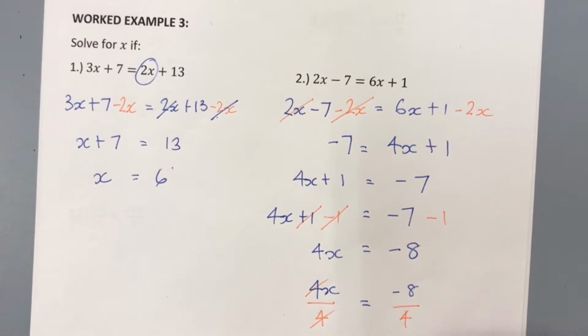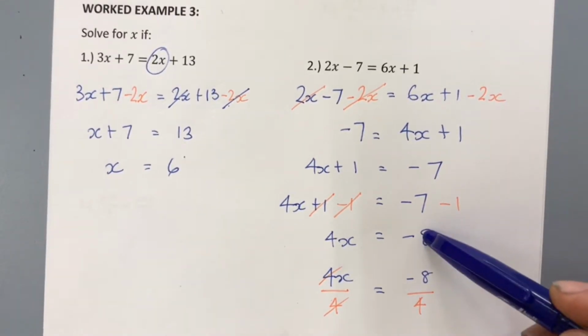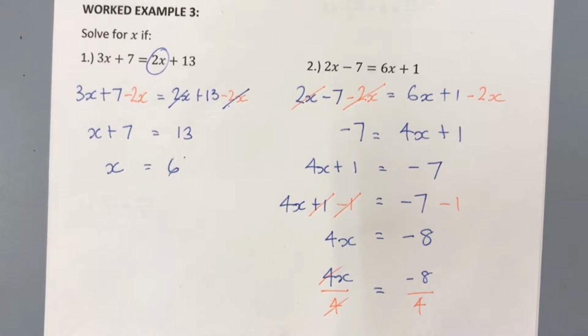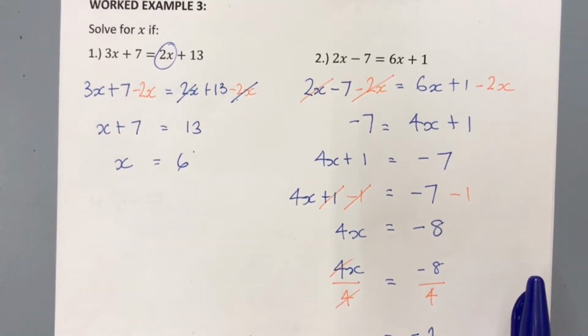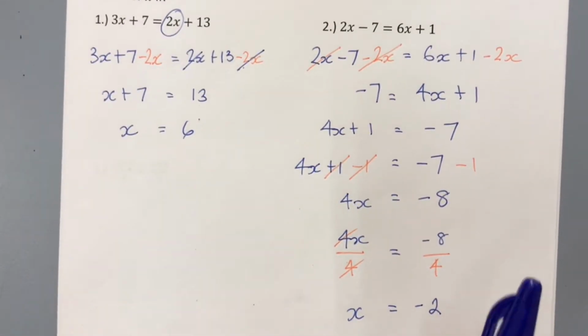Negative 2. It's going to be a negative, good, and it's going to be 2. Is it going to be positive 2? Negative 2. This is negative 8 here, and we're dividing by positive 4. Negative and positive make negative, and 8 divided by 4 gives us 2. Okay? Anything that people want to ask about for this one?